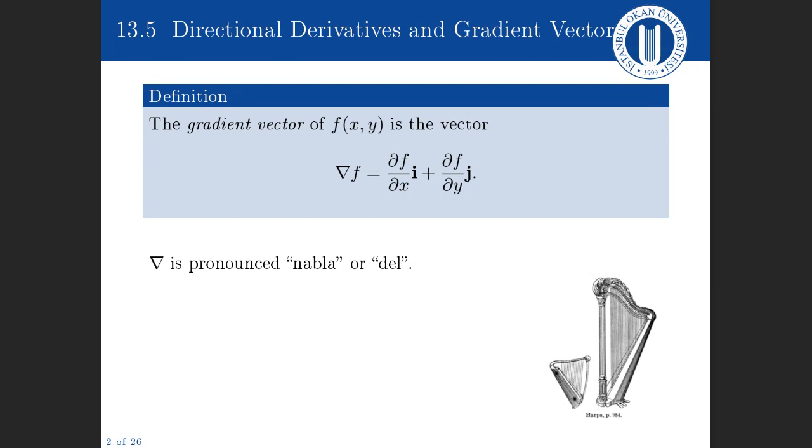It's also a function because df dx and df dy are functions. This symbol, this upside down triangle, is pronounced either as nabla or del. Why nabla? Because nabla is an old Greek word for a harp.